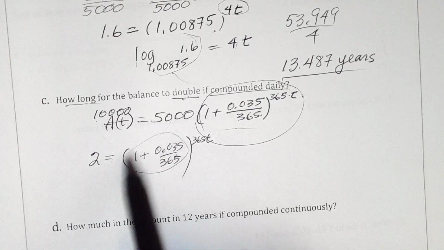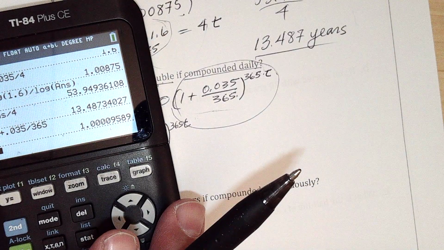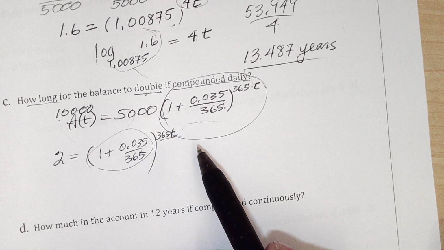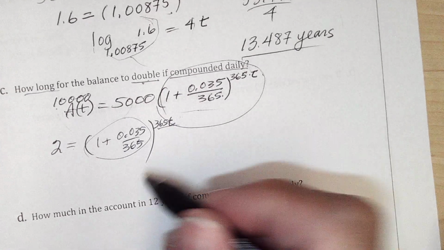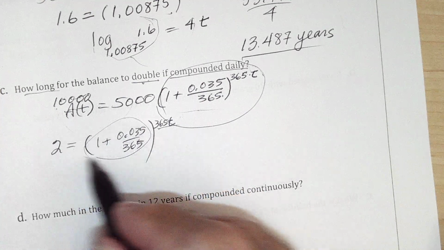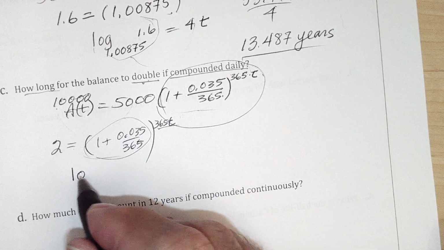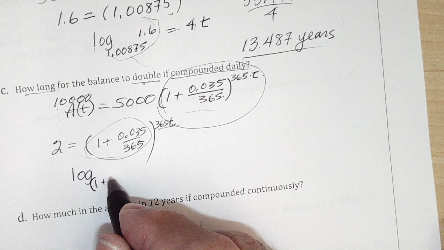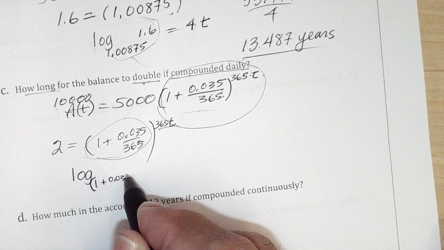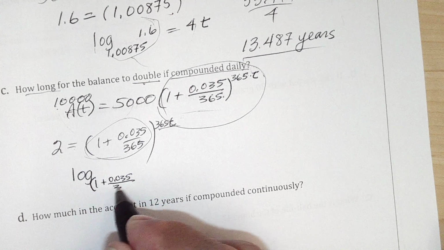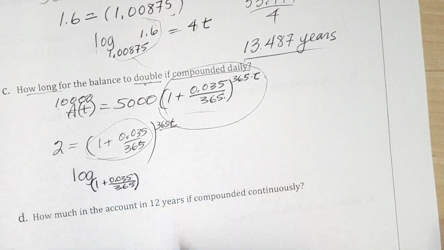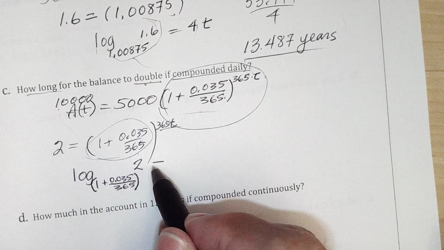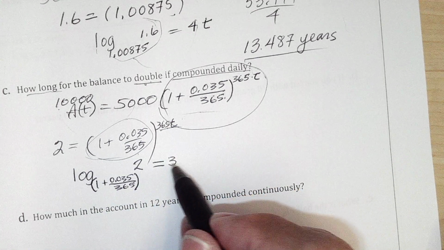I have it to a single base. That base is that number, but I'm trying to solve for a power, so I go to log. And if that's the base, I can go log to that base, 1 plus 0.035 over 365, of 2, which should give me the power.